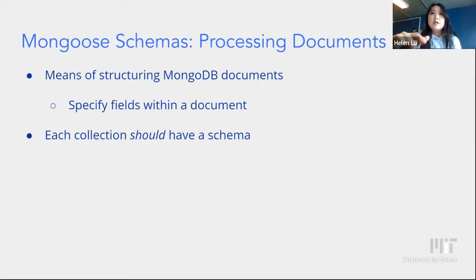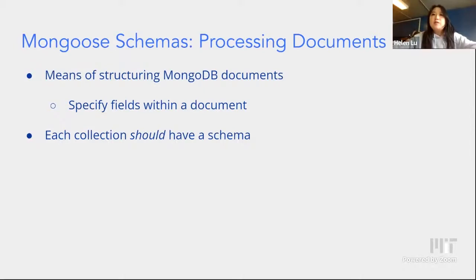But another thing is that different collections may follow the same schema, but they might store different things, right? So we might have a collection for apples and a collection for oranges, and both of them follow the same schema. Say they follow a schema that stores how round the fruit is and how sweet the fruit is, but they're two completely different objects, so we want to keep them separate, right?